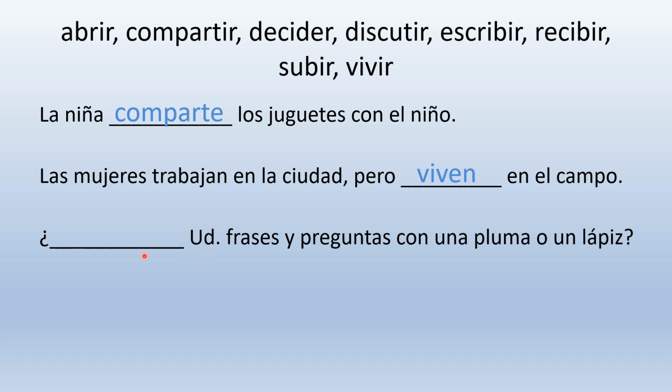Okay, so the question is, blank usted, frases y preguntas, so phrases and questions con una pluma, with a pen, o un lápiz, or a pencil. So do you do something? Phrases and questions with a pen or a pencil.